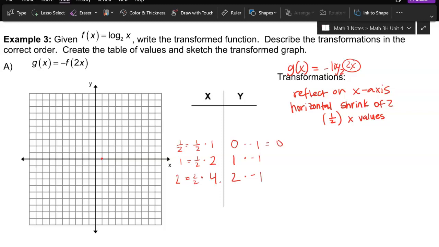So this will be 0, -1, and -2. So it kind of flips it upside down there. So at 1/2, we're at 0.